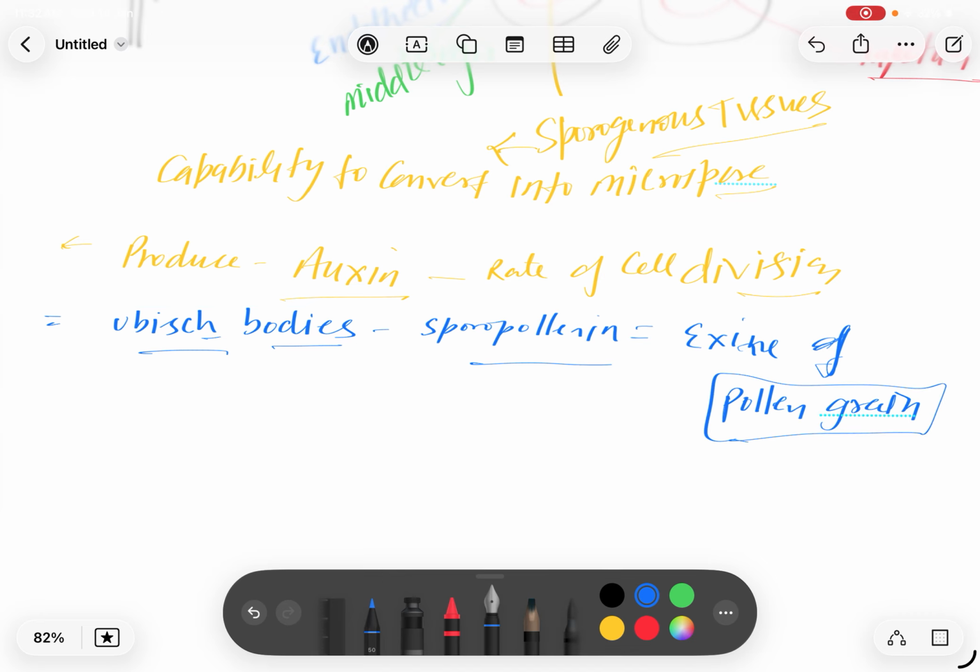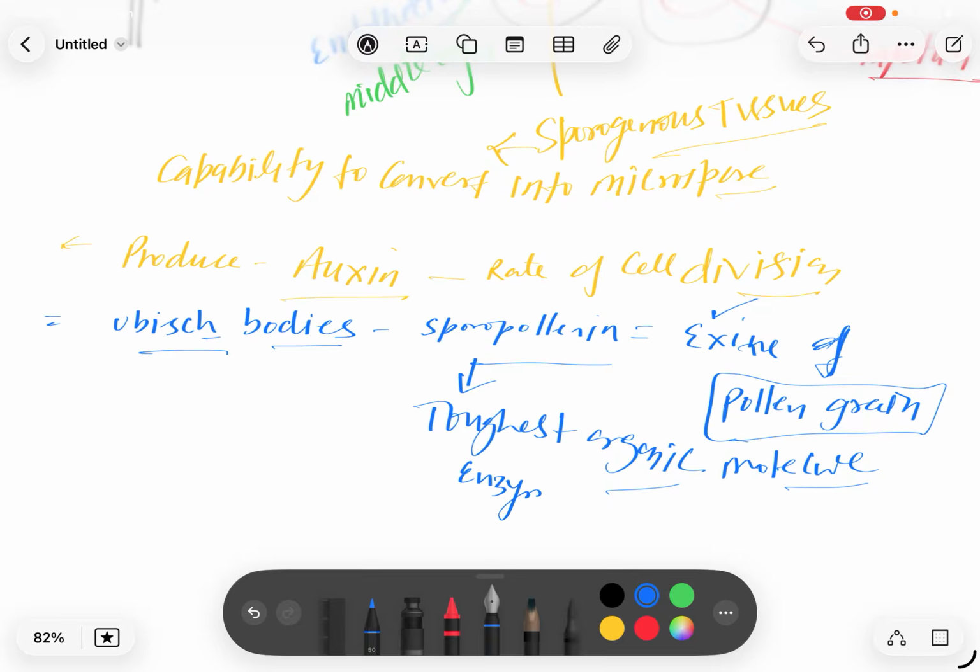The outermost layer of the pollen grain is known as exine, which is made up of sporopollenin, and sporopollenin is the toughest organic molecule, which cannot be digested by enzymes, acidic or alkaline pH.